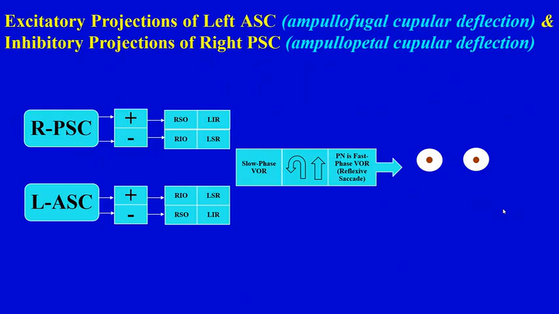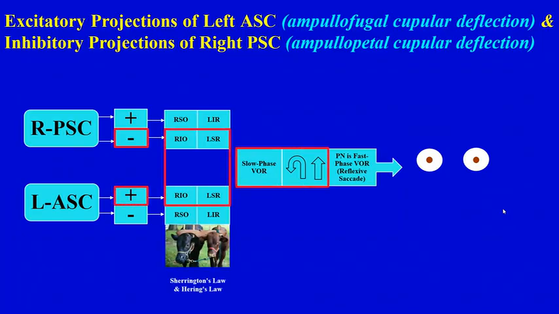The inhibitory projections of the right posterior semicircular canal and the excitatory projections of the left anterior semicircular canal are to the right inferior oblique and left superior rectus, which, according to Sherrington's and Hering's law, are the yoked pair of muscles.